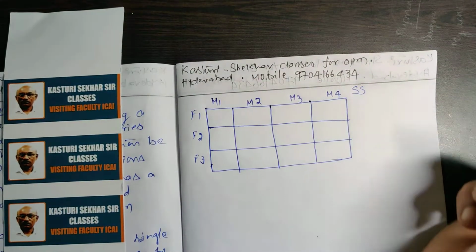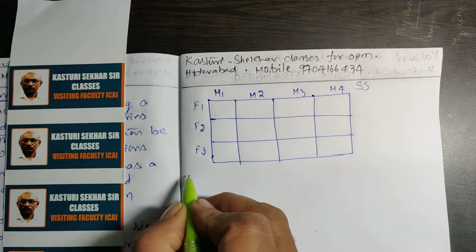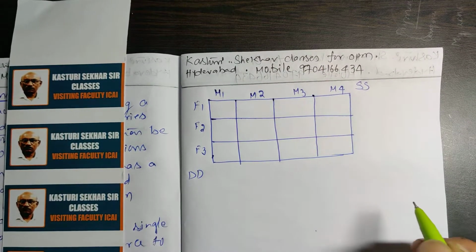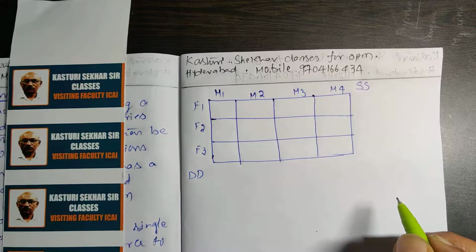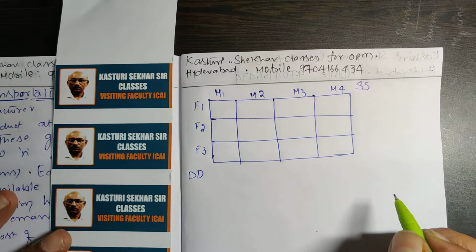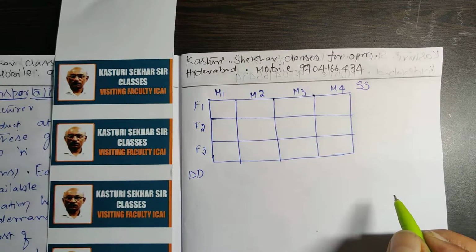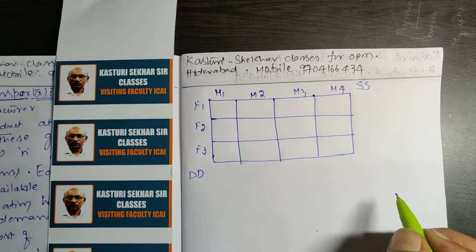Supply or availability at each factory is known to us. At the same time, demand or requirement at each market is also known to us.